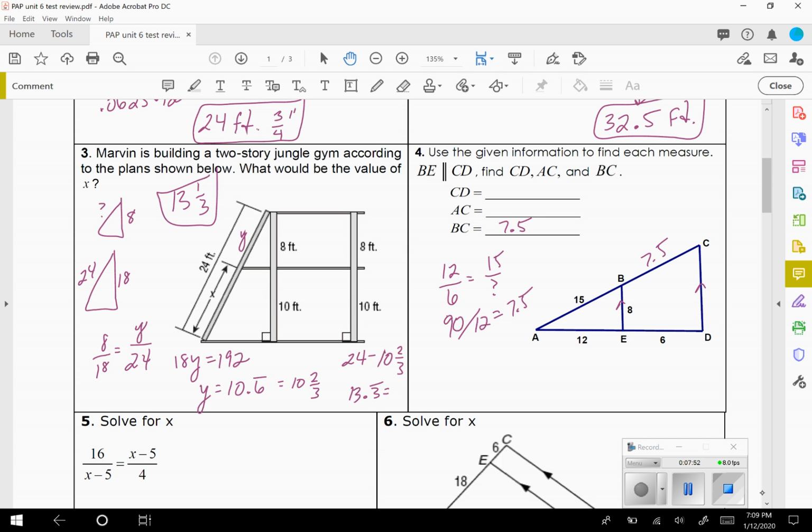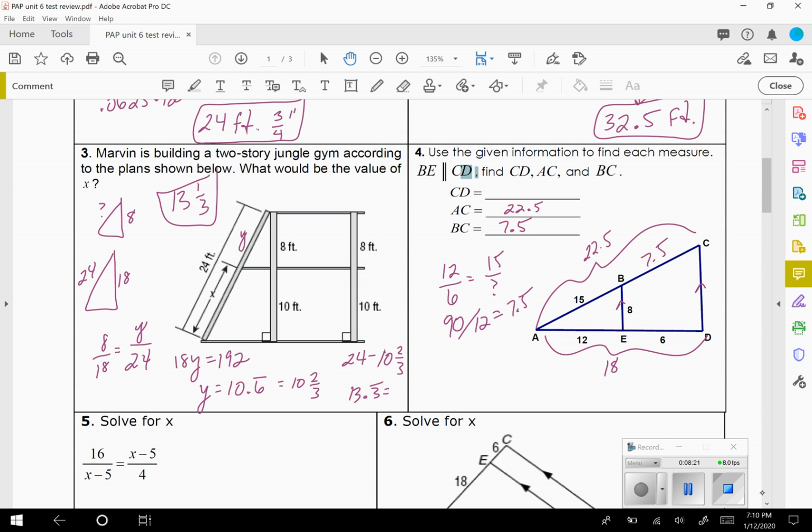Okay, so then AC, well, you just take the two pieces and you add them. So 7.5 plus 15 is 22.5. Okay, now we can use the fact that we know the whole thing to find these bottom pieces, because we have to use the two smaller triangles. So we have, and then this part here, that's 18. Okay, but you don't really have to know that side.